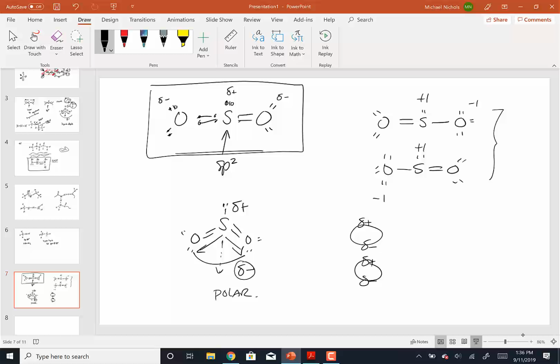And so in a dipole interaction, that's what it would look like.